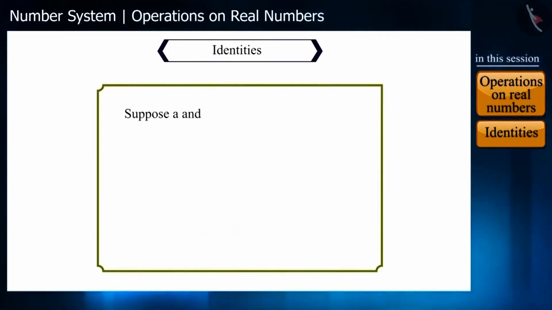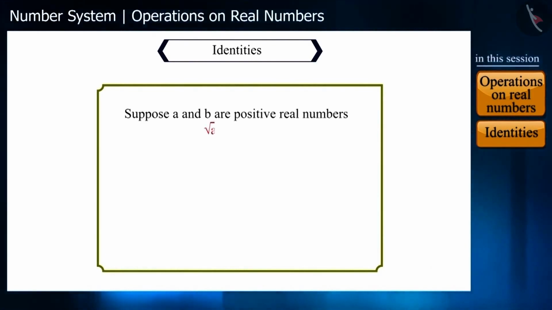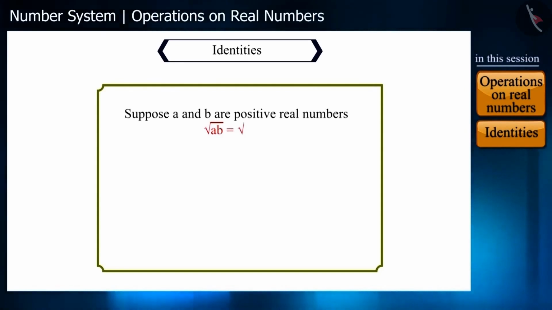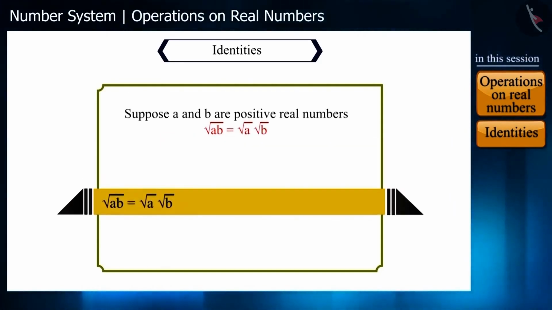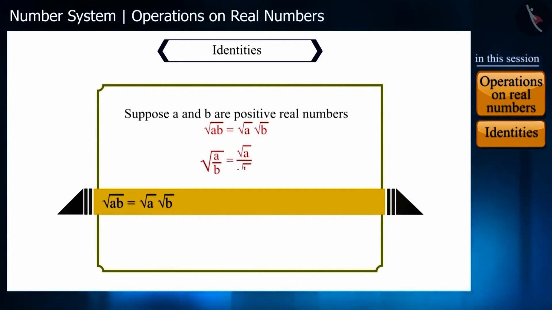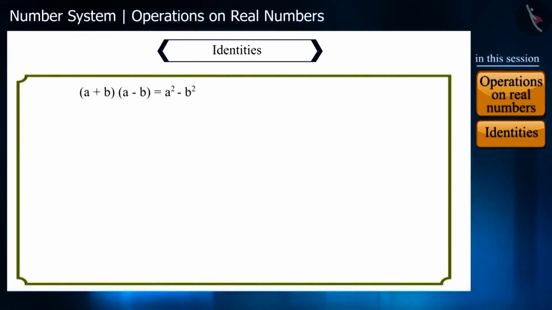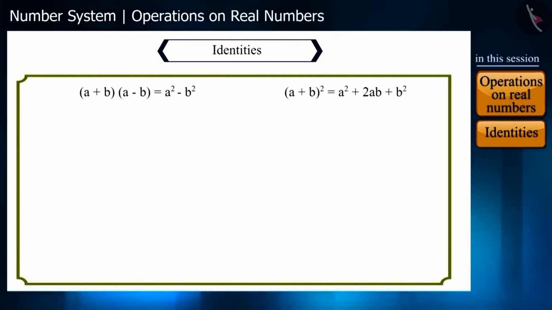Consider if a and b are positive real numbers, then root ab will be equal to root a multiplied by root b. Similarly, root a by b will be equal to root a by root b. Friends, you're familiar with these two identities.